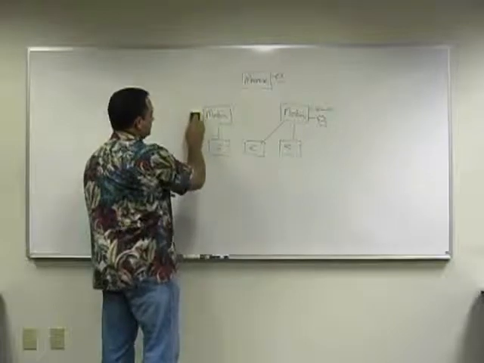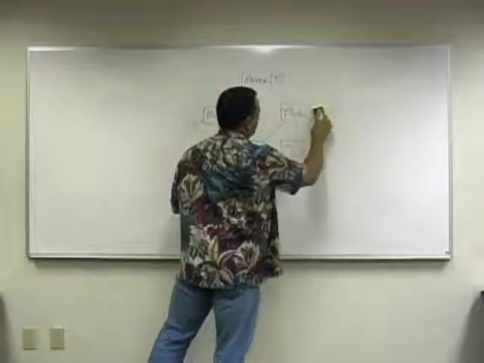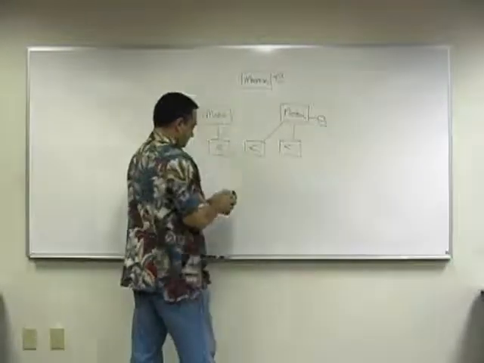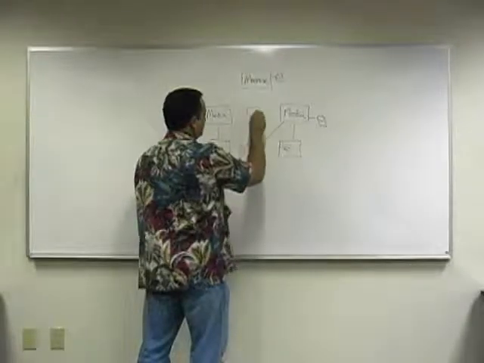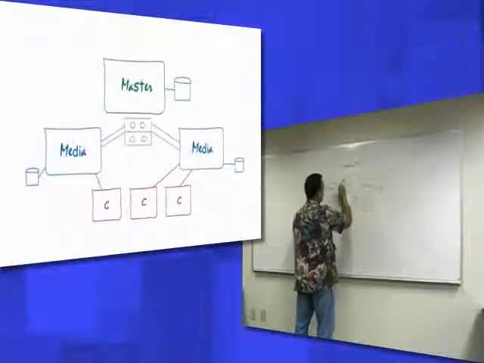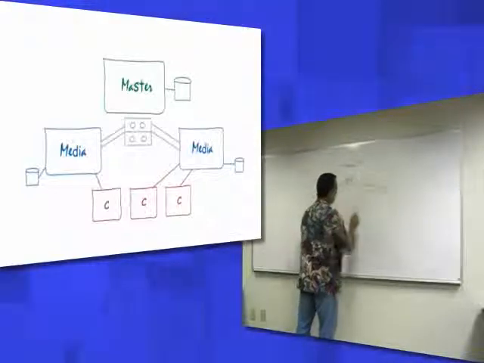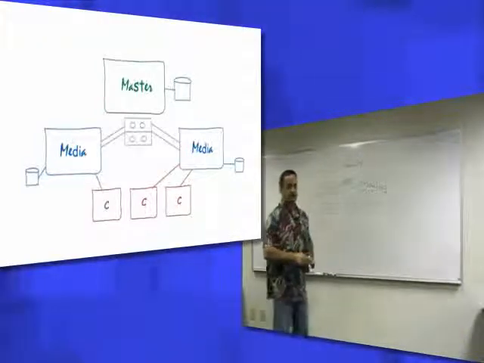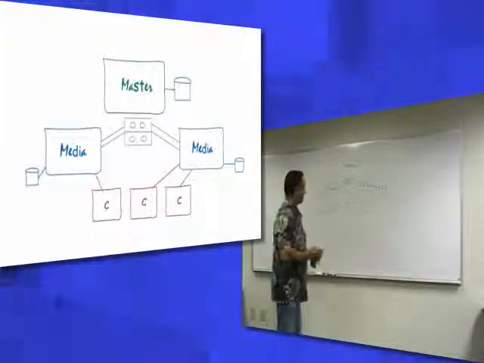So what we started doing about 10 years ago is we started putting our tape resources in a shared resource pool like this, where through the SAN, each one of the media servers can actually talk to all of the tape drives.